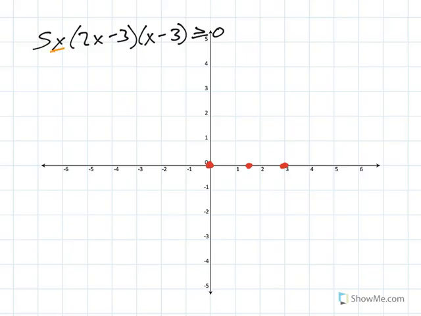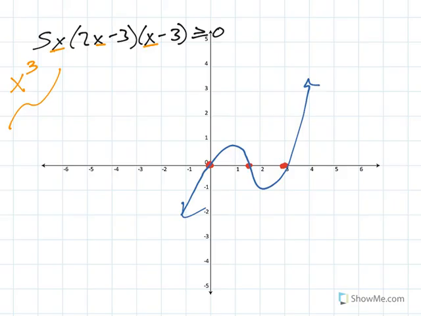Hopefully you recognize x times x times x. This is a cubic function. And what does a cubic function look like? Well, it starts low, ends high. So think about end behavior. If you know that, you can do a quick sketch: start low, end high. This is what our graph looks like in general. It's not perfect, but it shows what a cubic function looks like.